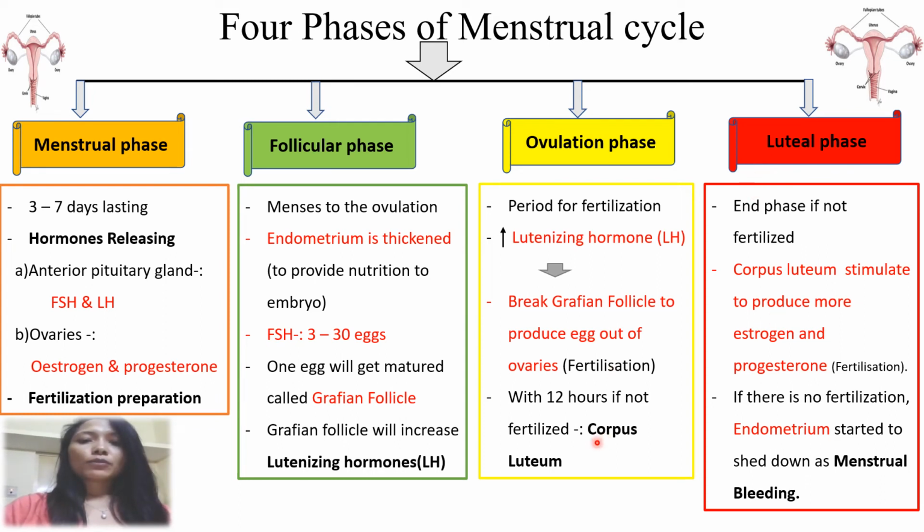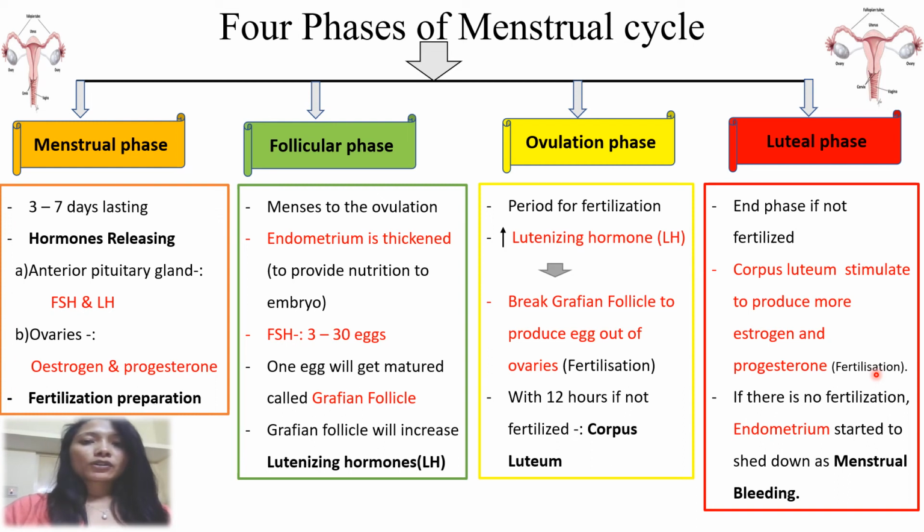The ending point of ovulation, what was there? Release of the corpus luteum, right? Then again you should continue with that. This is the end phase, and the corpus luteum helps to produce more estrogen and progesterone. I mentioned in the first, menstrual phase, estrogen and progesterone to maintain the fertilization preparation. Same only, you can continue: corpus luteum releases estrogen and progesterone for the fertilization.